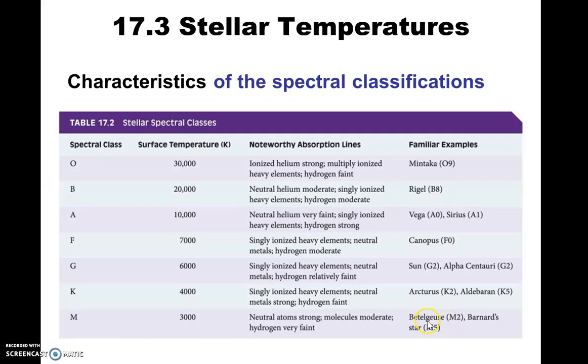There's actually been some interesting things going on with Betelgeuse lately. It's dimmed significantly over the last decade or so, and we're still trying to figure out exactly why it's dimmed. We'll talk more about that later.